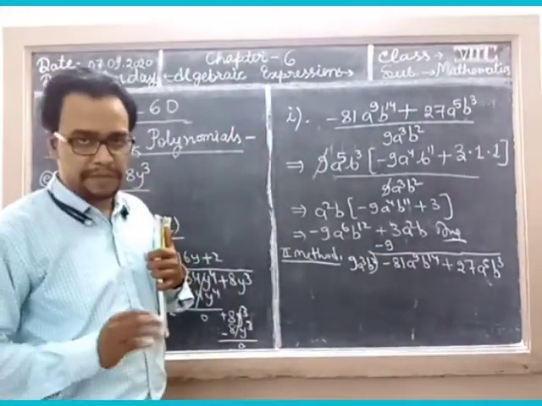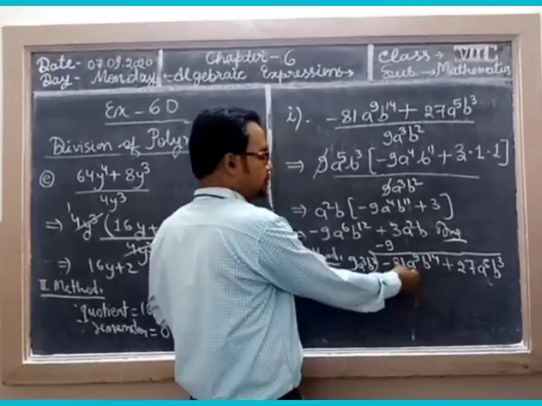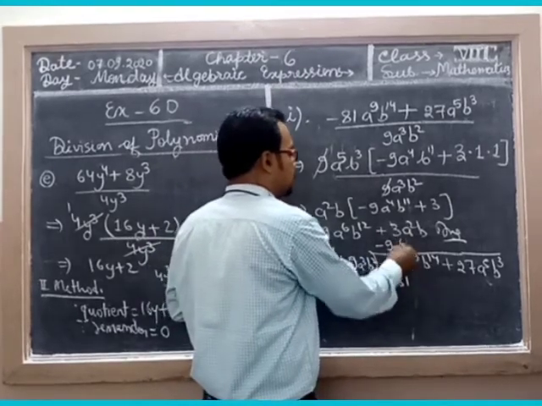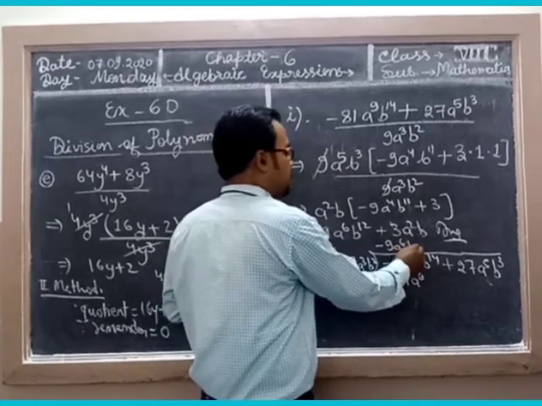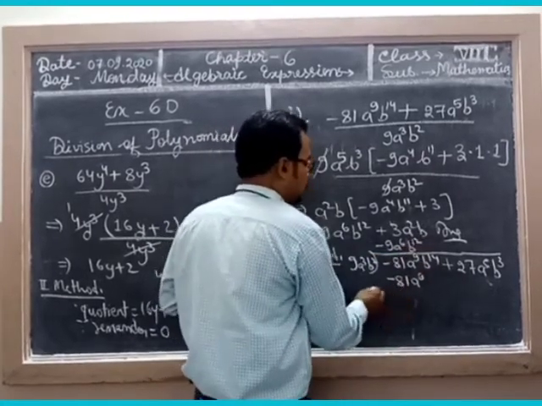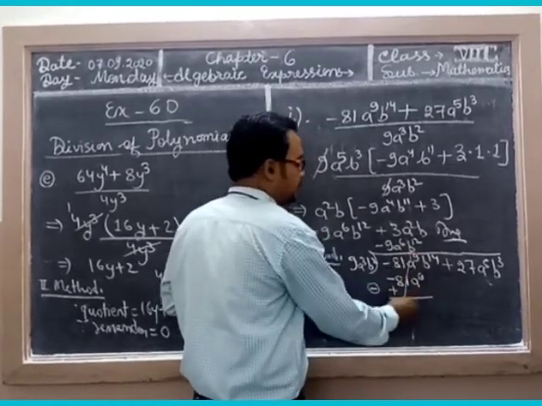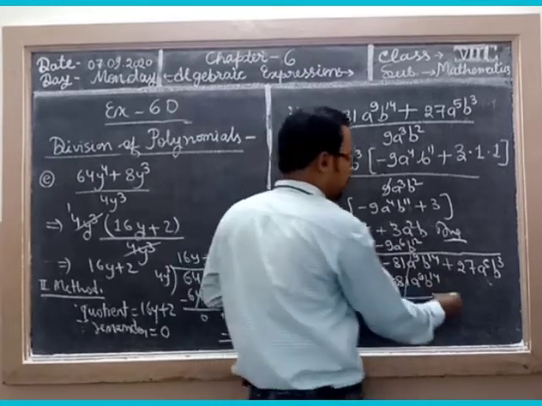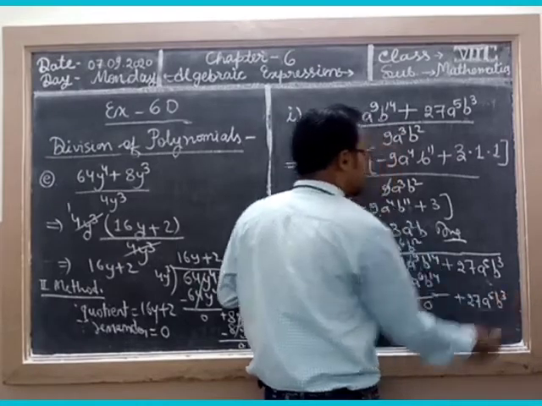So 9 into minus 9, minus 81. a cube. For getting a9, you multiply a cube by a6. Okay. b square and b14, it means b12. So in case of subtraction, the sign is changed. So plus sign cancels out. Remainder is 0. Now plus 27 a5 b2 comes down.